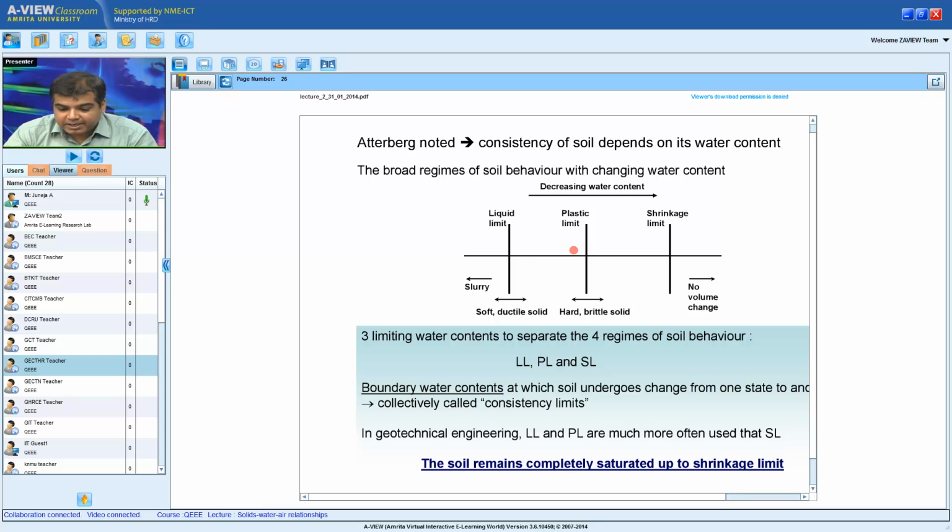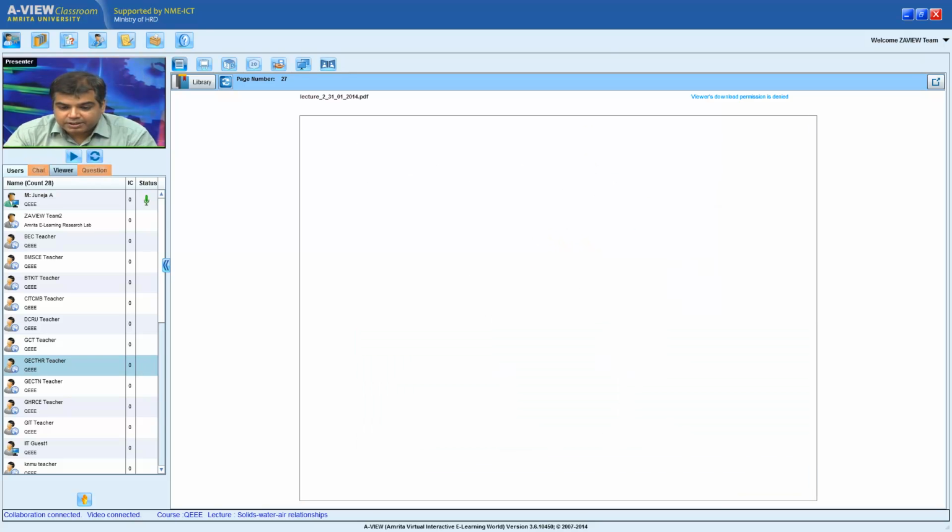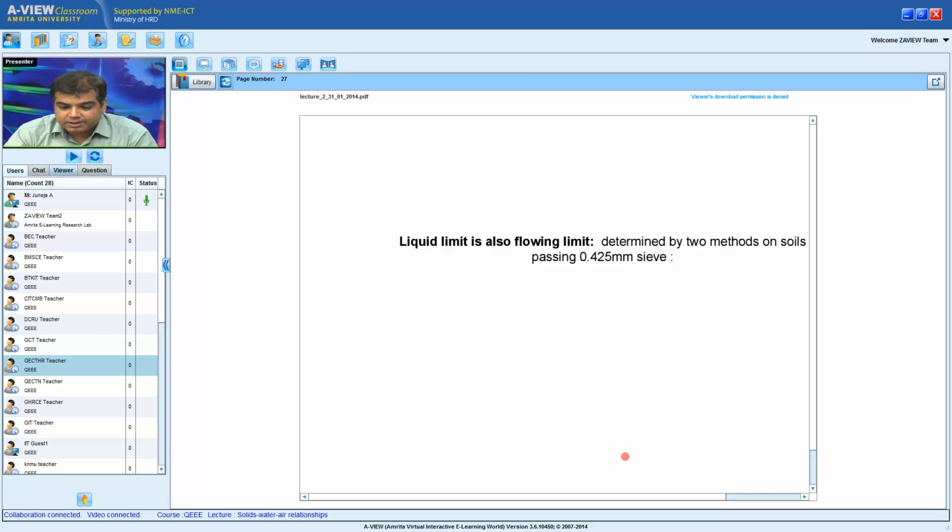Liquid limit and plastic limit, let me just quickly go through how a liquid limit will be determined. For both, if you look at the 425 micron number, which we said is an important number to remember, or 0.425 millimeter, it is the border between medium sand and fine sand.